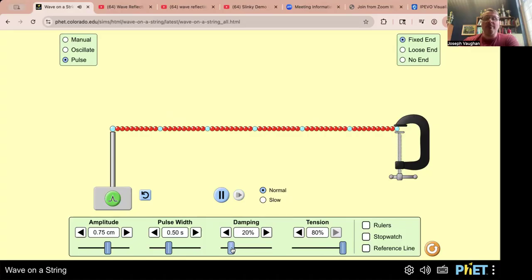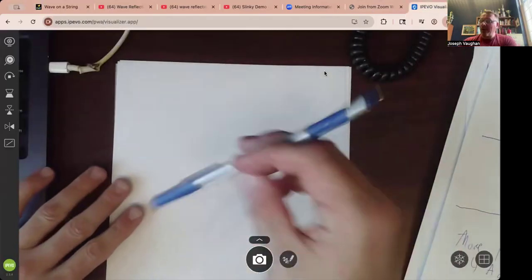Which is the gradual diminishment of the amplitude of a wave as it travels due to the work of non-conservative forces on the medium of transport, right? It's a mouthy thing, but that's what it is, right? So here you go, boom. You'll notice there I could get the reflection, but this thing is damped. It is going to attenuate as it travels, or the word attenuate literally means to make less. Okay, so I'm going to write that out.